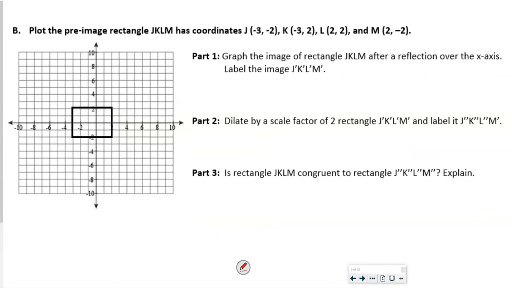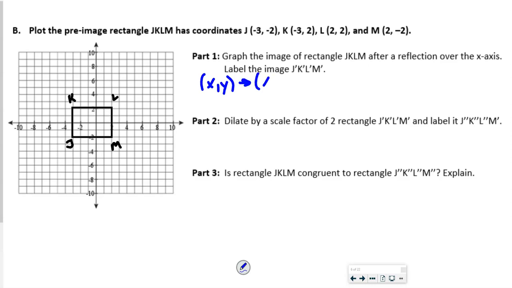It says plot the preimage of rectangle JKLM, and it has coordinates as follows. So J is -3, -2. That would be J is right there. K is -3, 2. Then we got L, and then we got M. Okay? And then it says graph the image of JKLM after a reflection over the x-axis. So reflection over the x-axis, if you recall, that means the y changes.